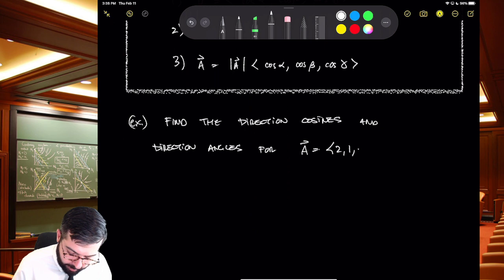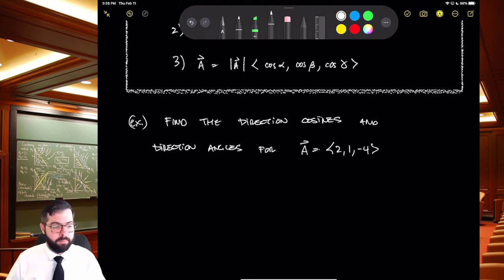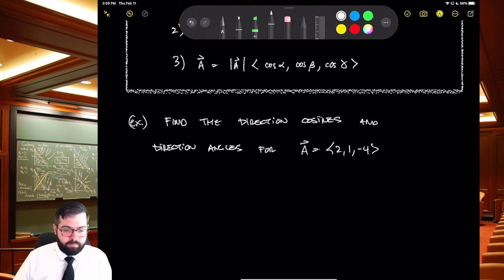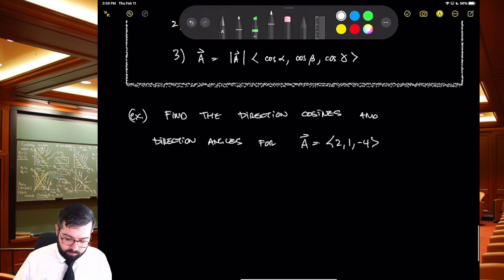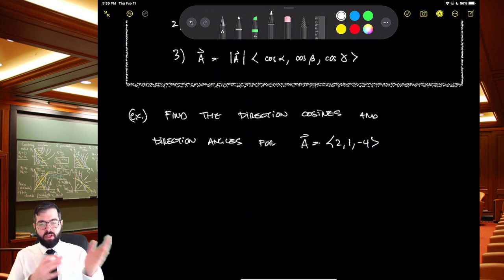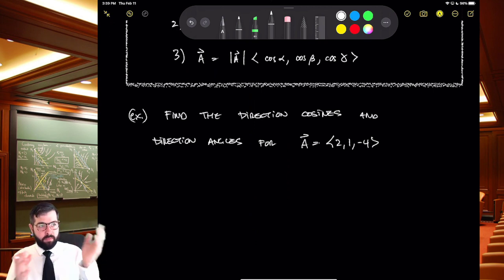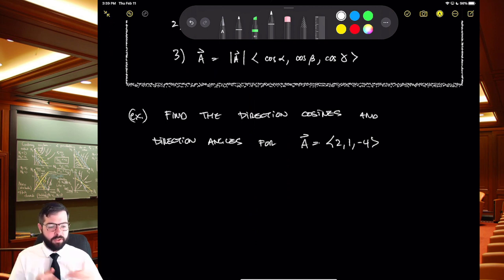But maybe this will help us kind of see what's happening here. So finding the cosine of the angles, how far this vector has been moved away from the coordinate axes.